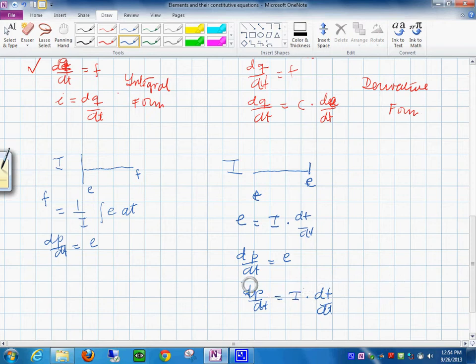Okay, so this is the integral form, and the other one is the derivative form.